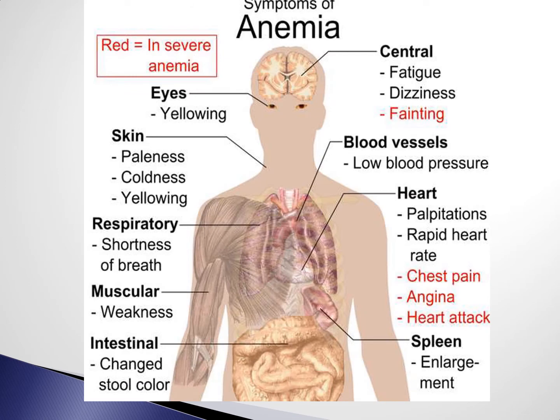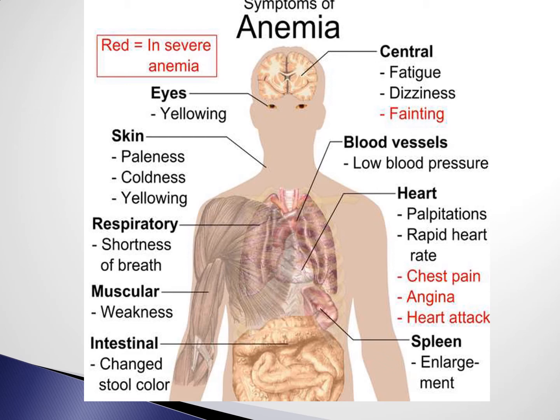Now, what are the symptoms of anemia? Anemia is going to affect the whole body because the oxygen supply by blood is reduced. So naturally, the whole body is going to get affected. You will have central symptoms. It is going to affect blood vessels, heart, spleen, skin, respiratory, and muscular systems. All the systems are affected. In central, you will get fatigue, dizziness, fainting.